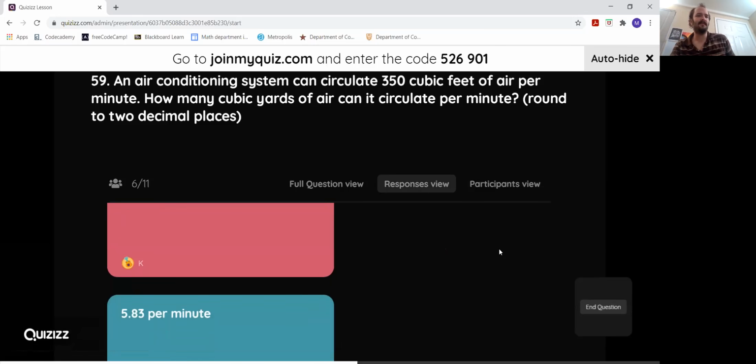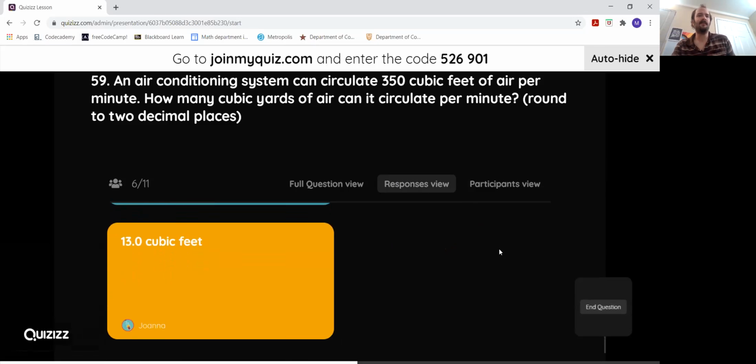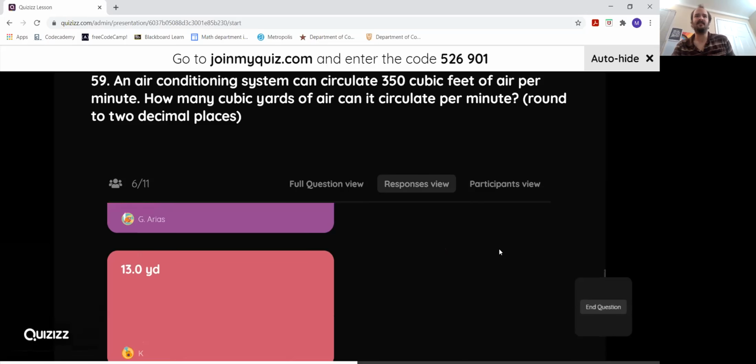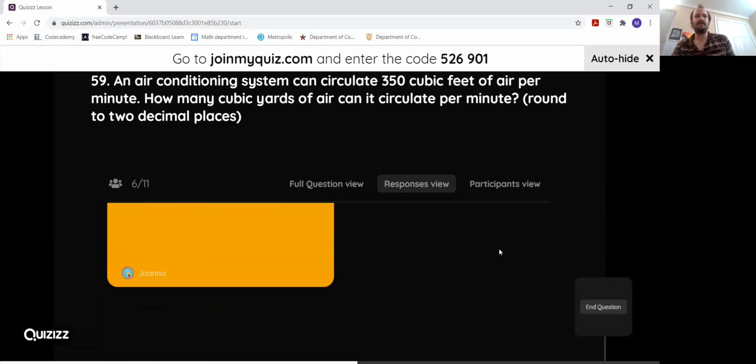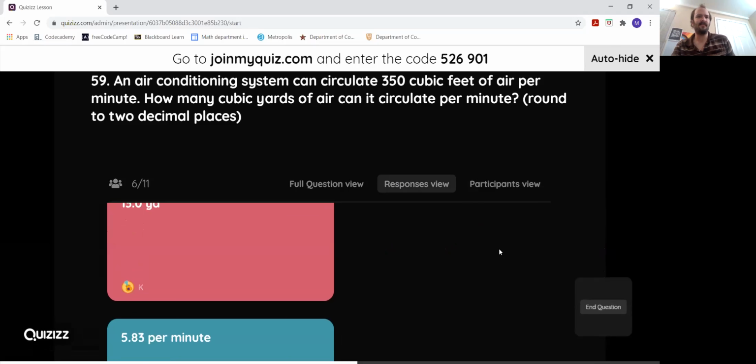Should be 2 decimal places. Oh man, y'all are rounding it to the nearest decimal place. 2 decimal places is what it says. All right, so I think some people are getting this.